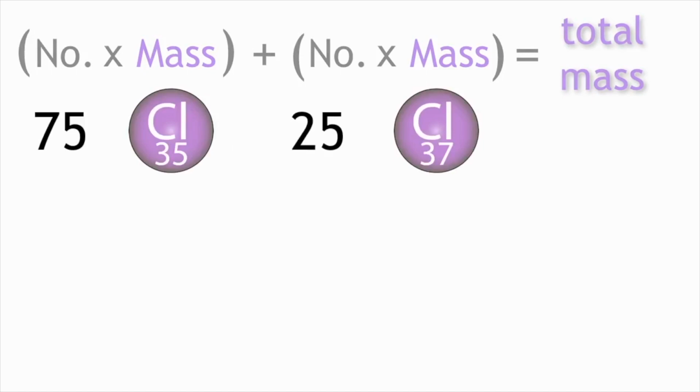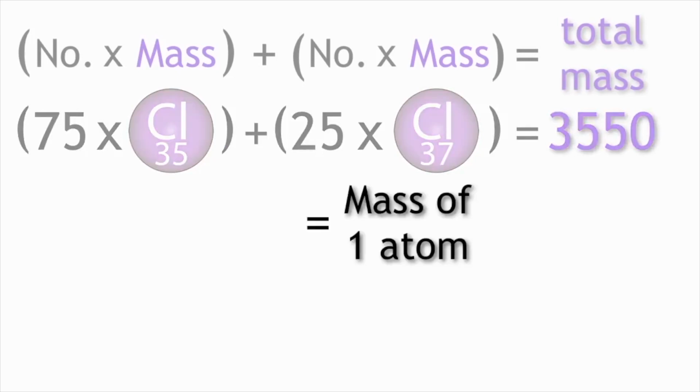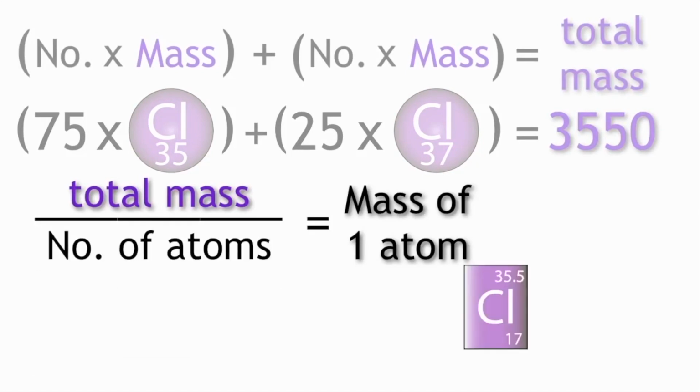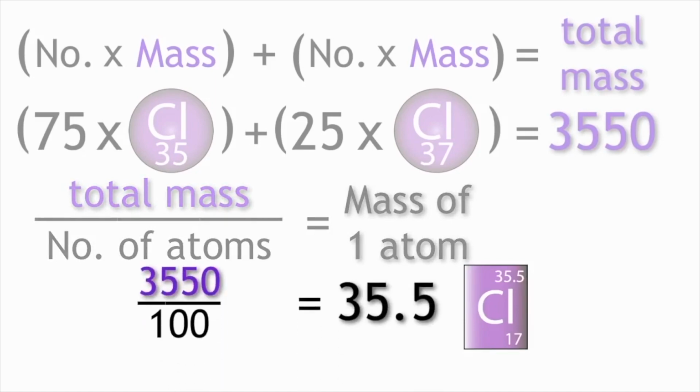So the mass of 100 atoms would be 75 times 35 plus 25 times 37, 3,550. The mass of one atom will be the mass of the total number of atoms divided by the number of atoms. So the mass of one atom of chlorine would be 3,550 divided by 100, 35.5.